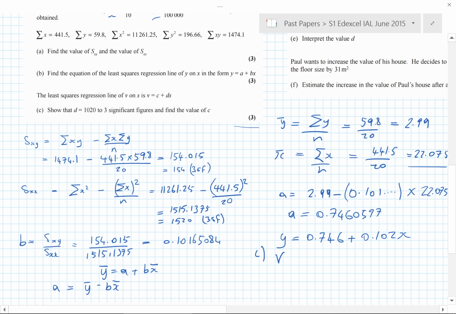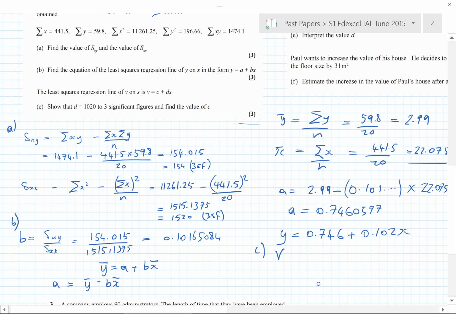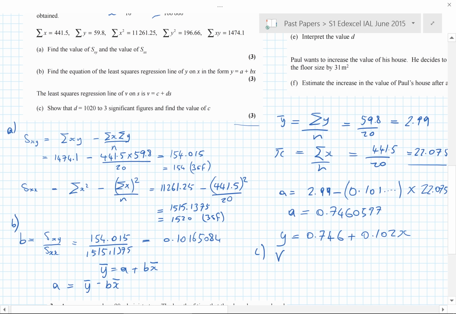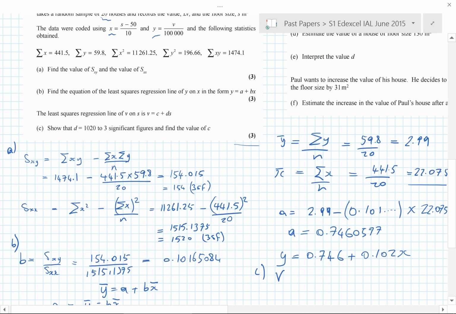C, and this was A, and this was B. Okay, so we've got V over 100,000 equals 0.746 plus 0.102 times s minus 50 over 10.